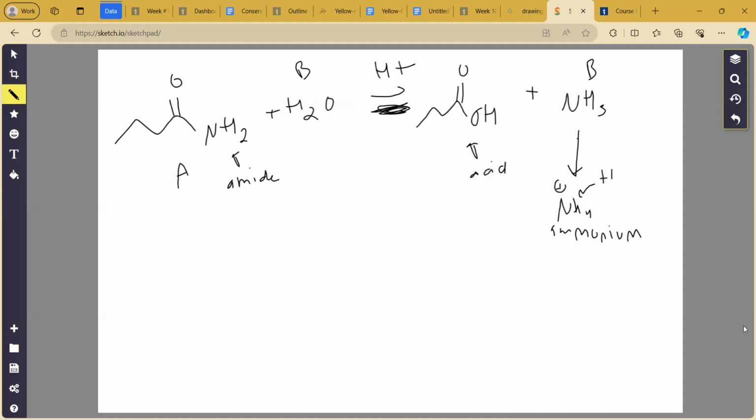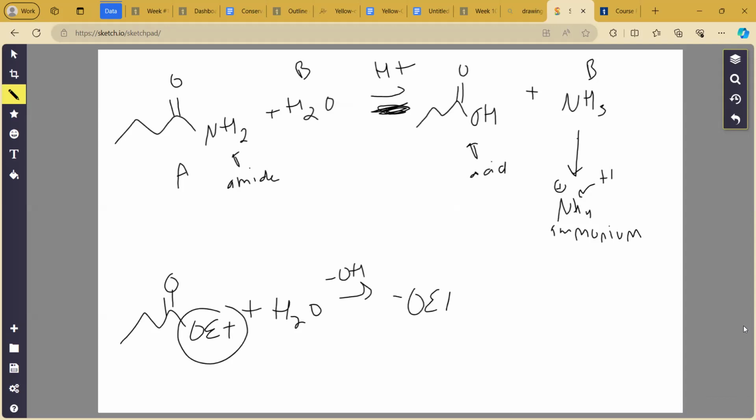So with the base, it's going to be a little bit different. We're going to do something that's not nitrogen because nitrogen is usually a base. So instead of acid, we're using a base here. This is going to pop off and be a negative.